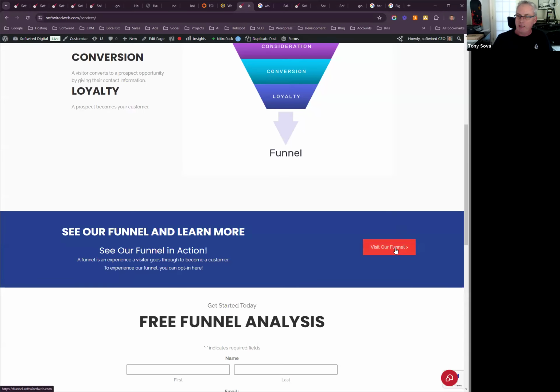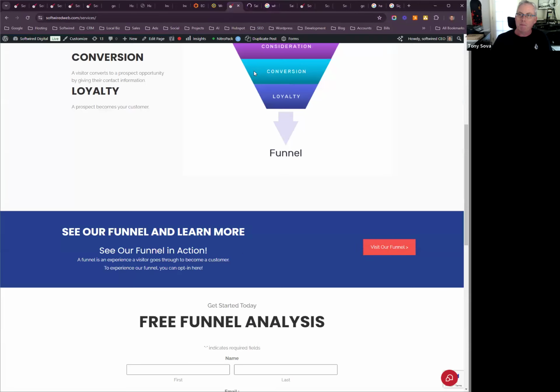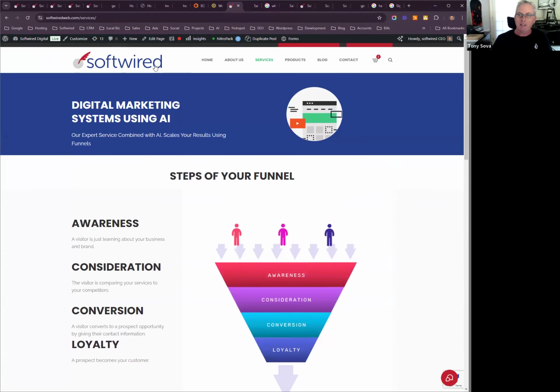What a funnel looks like. On our website, well, let's back up a little bit. This is our agency website. You see it has a bunch of pages. It has information about us, news posts, case studies, some of the services that we offer, some of the products, all of this stuff that is really a lot of information to go through.